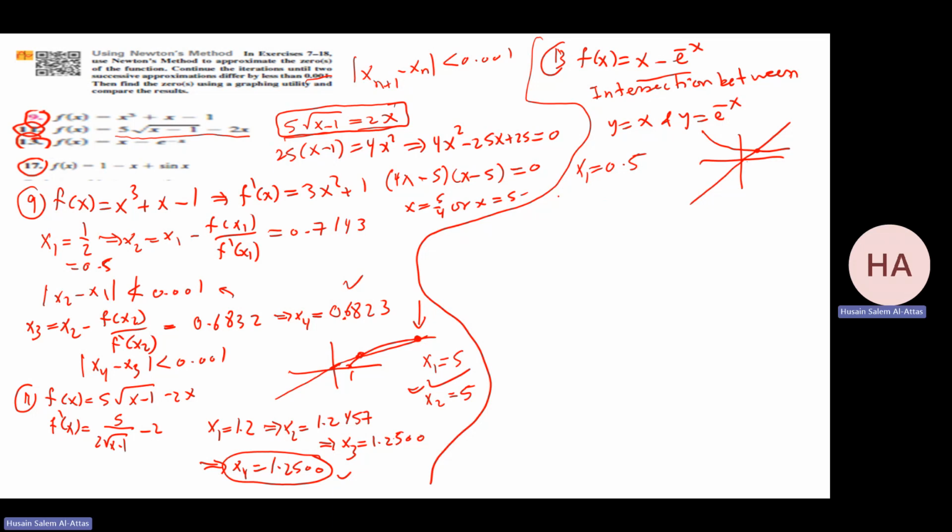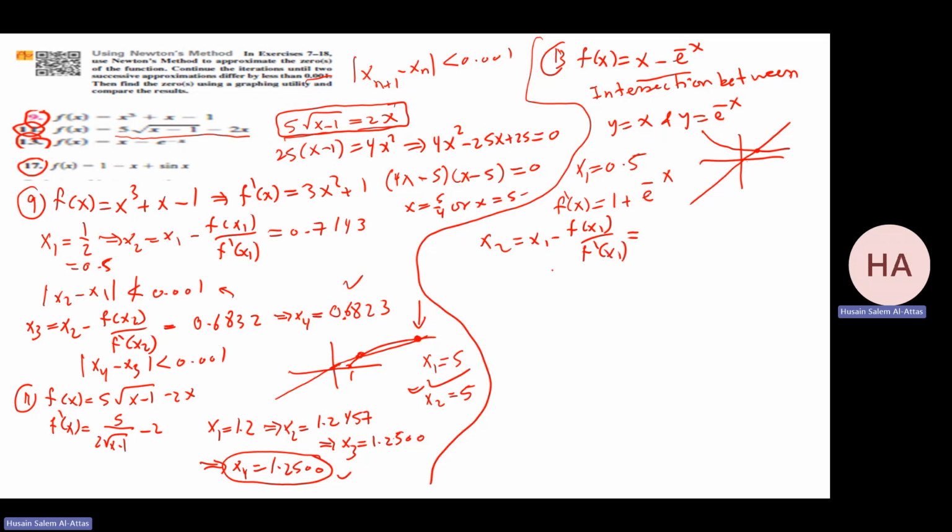I have f prime is 1 plus e to the minus x. So x2 will be x1 minus f of x1 over f prime of x1, which for sure I need the calculator to do.